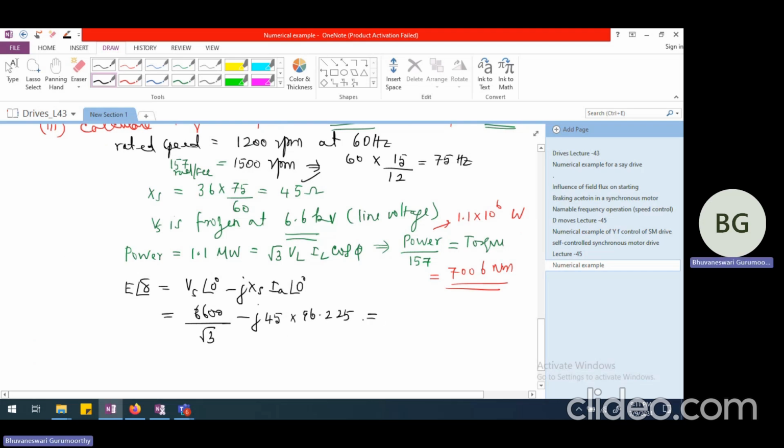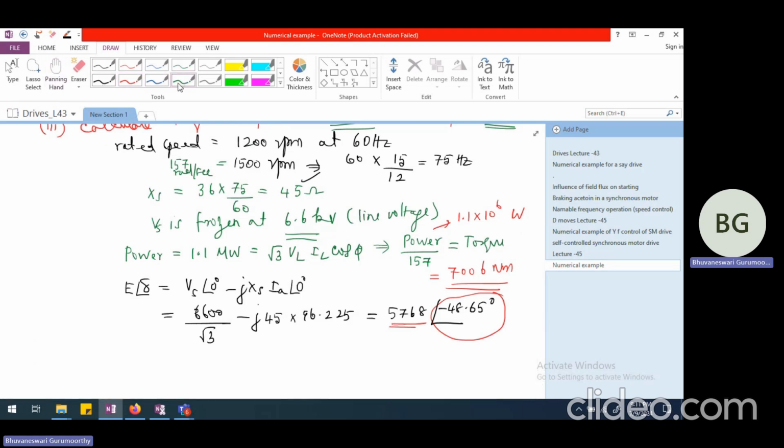So this comes out to be 5768 angle minus 48.65 degrees.